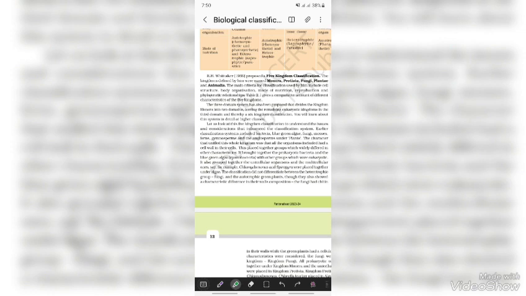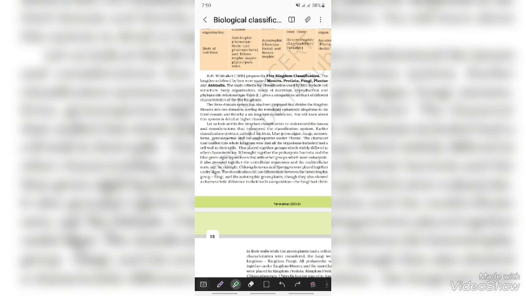A table gives a comparative account of different characteristics of the five kingdoms. A three domain system has also been proposed that divides the kingdom Monera into two domains, leaving the remaining eukaryotic kingdoms in the third domain, and thus a six kingdom classification. You will learn about this system in detail in higher classes.